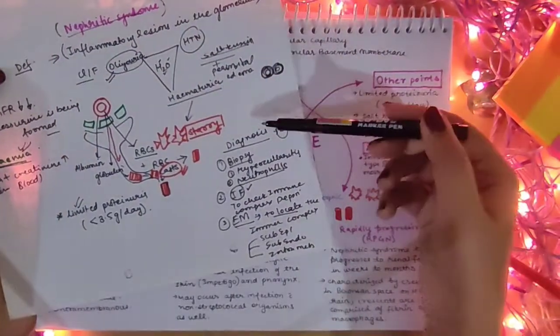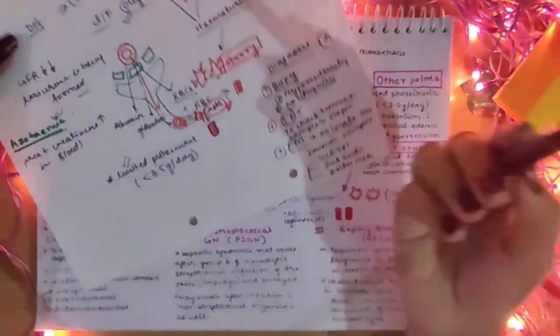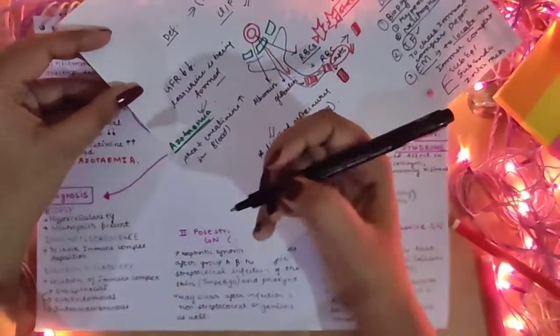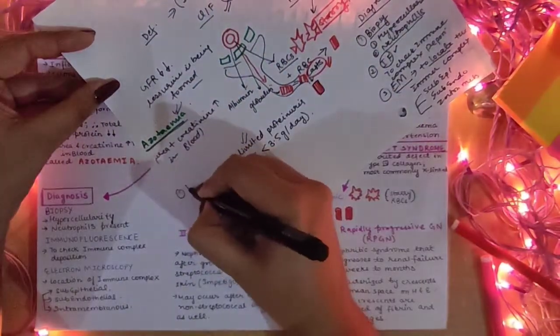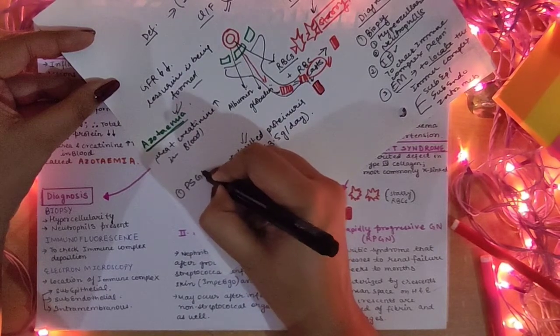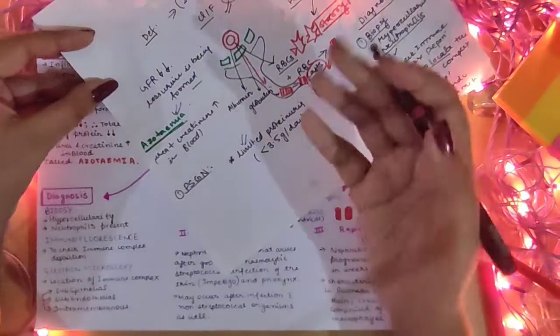So now we are done with the diagnosis, clinical features and its definition. Now you can see what kinds of other nephritic syndrome there are. One is post-streptococcal glomerulonephritis. What is this?